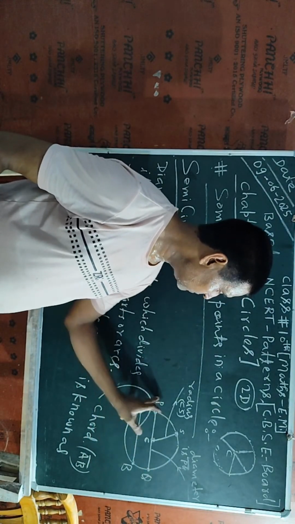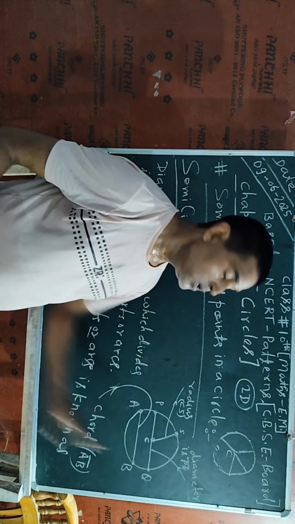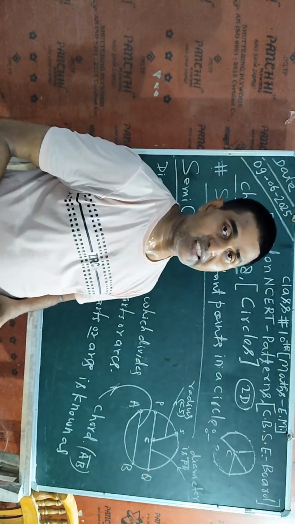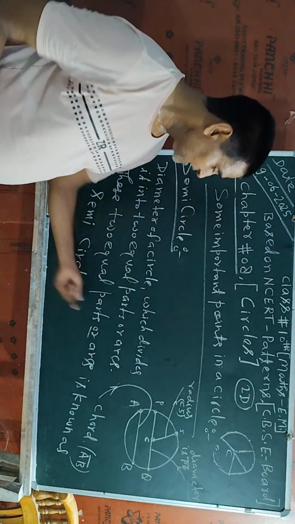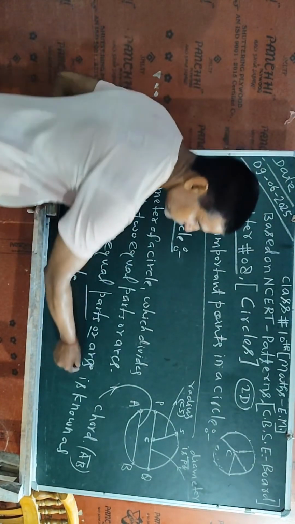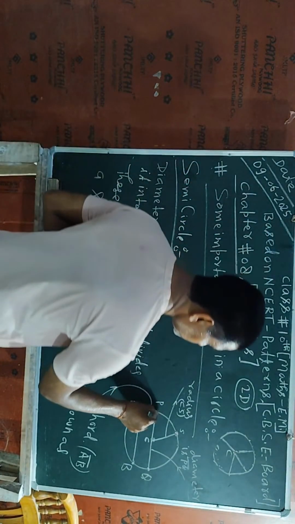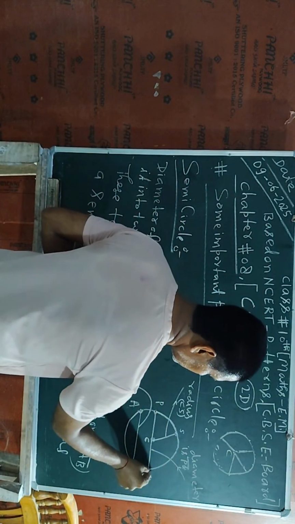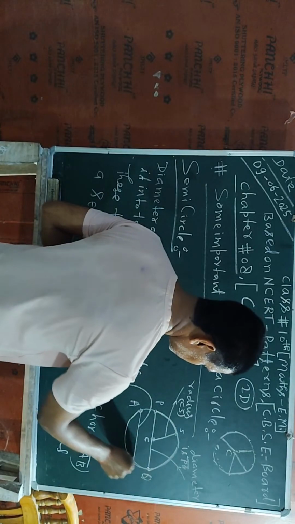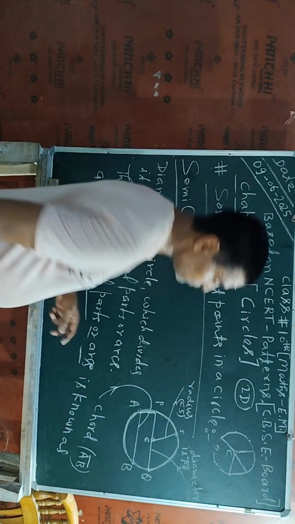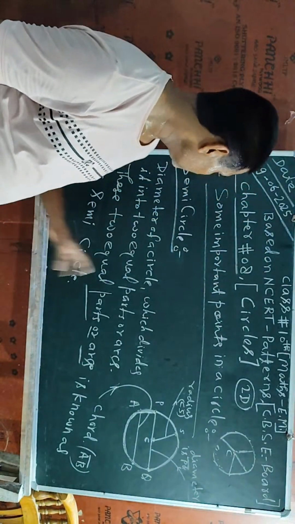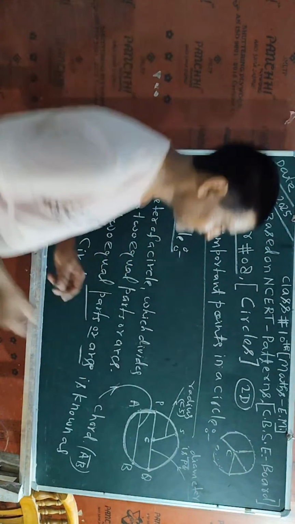PABQ and PSQ are both equal arcs, in other words we consider them equal parts. So this part and also this part are both the same, and I will say that each is called a semicircle.